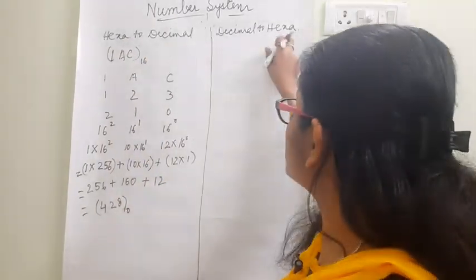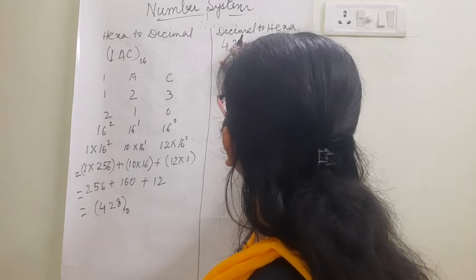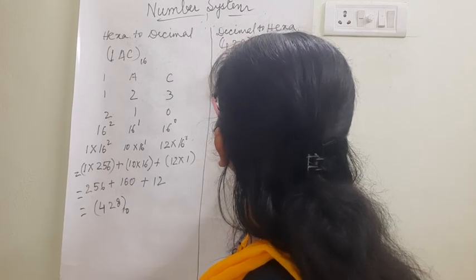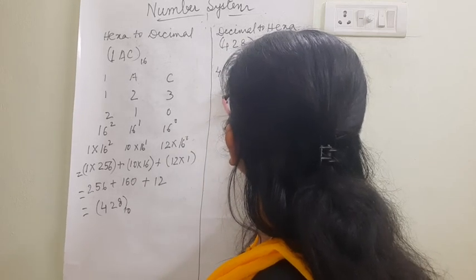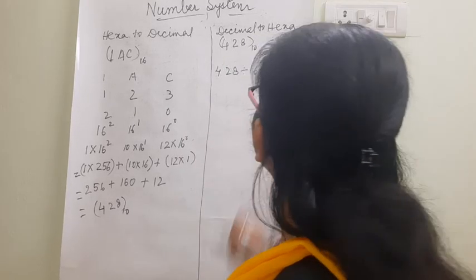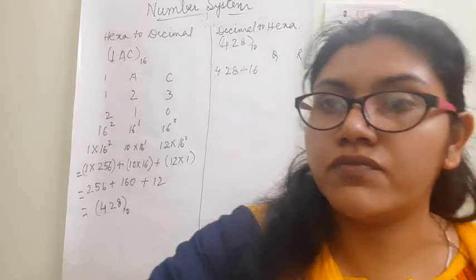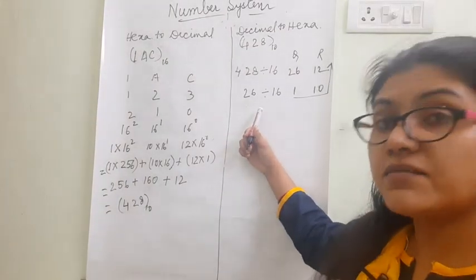Now decimal to hexa. The value is 428 base 10. We'll start calculating. Divided by 16, quotient, remainder. Let's see how it calculates. Now I have converted this decimal to hexa.